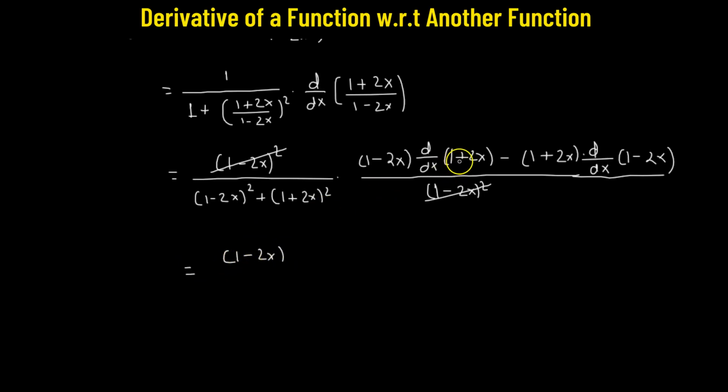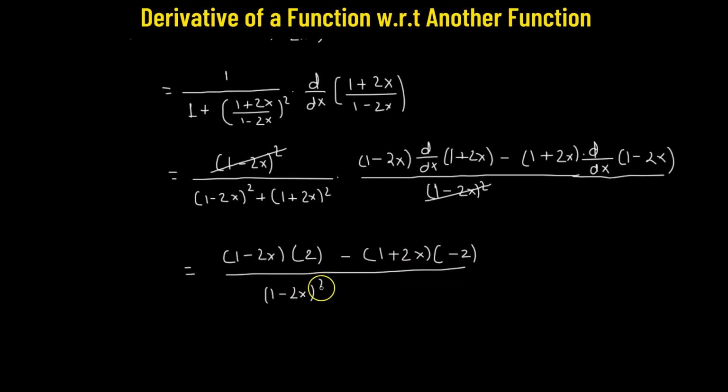So here, the derivative of 1 plus 2x, 1 being a constant, will be 0. The derivative of 2x will be simply 2. Minus (1 plus 2x) multiplied by the derivative of 1 minus 2x, which is negative 2. Whole divided by (1 minus 2x) whole squared plus (1 plus 2x) whole squared.